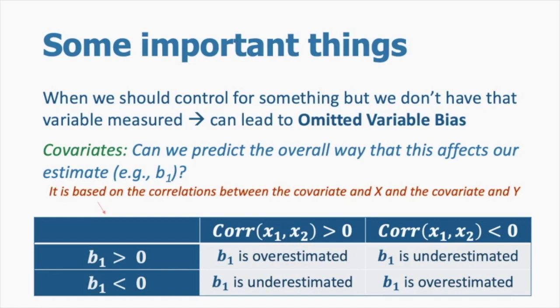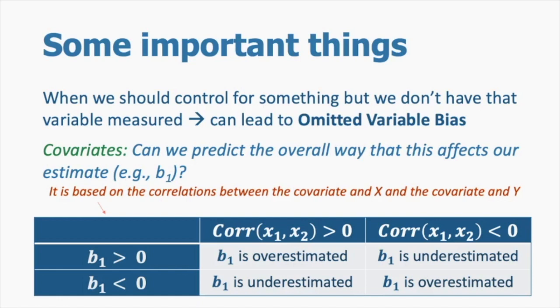It's too low. The real estimate would be higher. And then it reverses. So when your slope, your beta coefficient, your B1, is negative, less than 0, and the correlation between the two variables, x1 and x2, is positive, then B1 is underestimated, it's too small. And when the correlation between x1 and x2 is negative, B1 is overestimated.